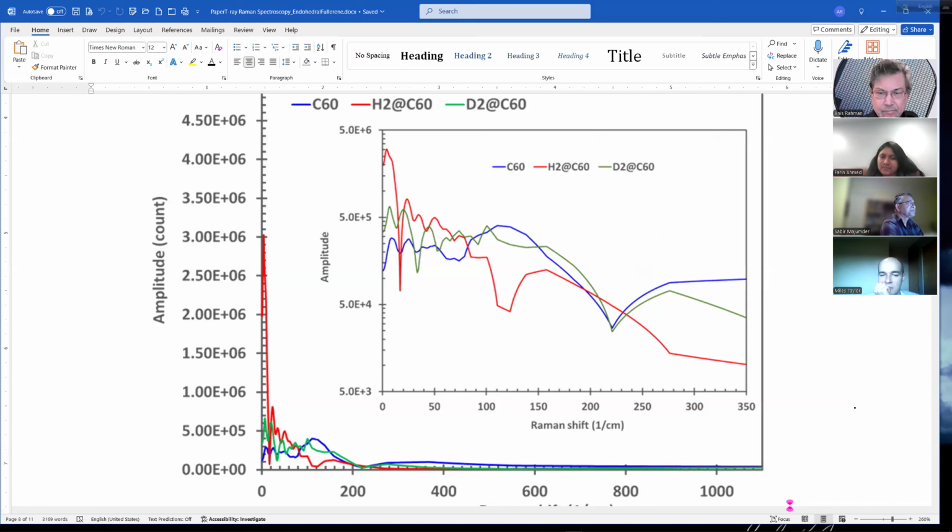Correct. And so this is also known as a rotor in a cage, right? The C60 molecule is like a soccer ball. So they open the top and put either hydrogen or deuterium in there. We were still looking for a tritium sample, which we didn't get.